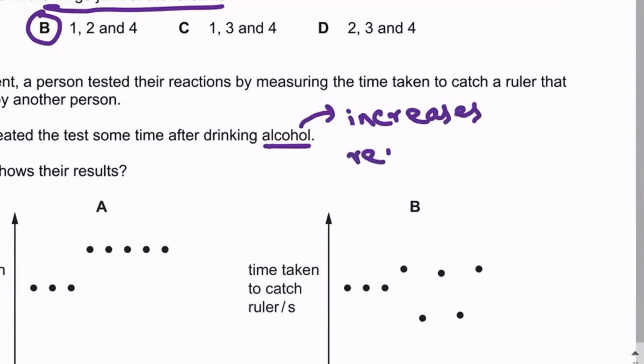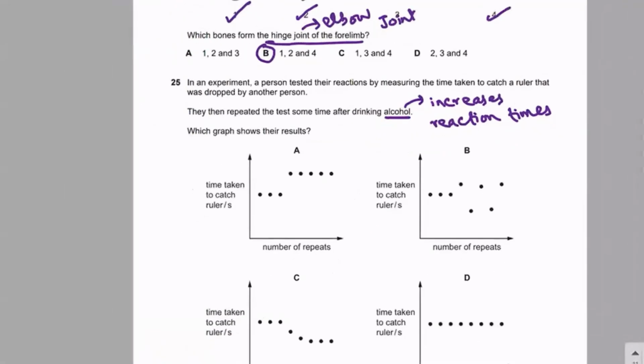Alcohol increases reaction time. So when a person consumes alcohol, it will take more time for him to react to catch a ruler, right?